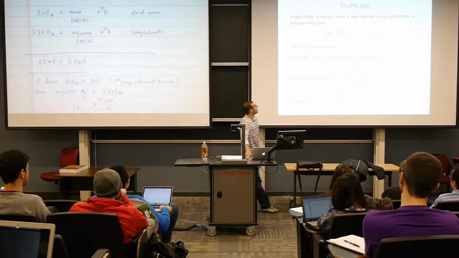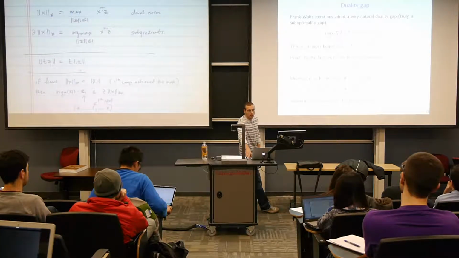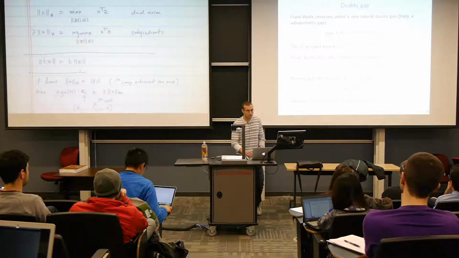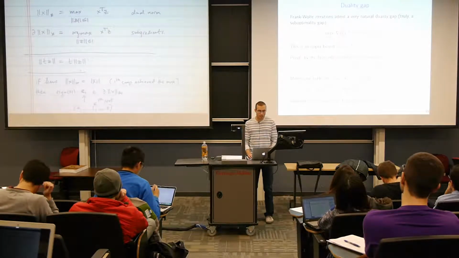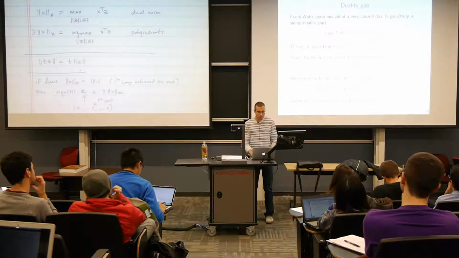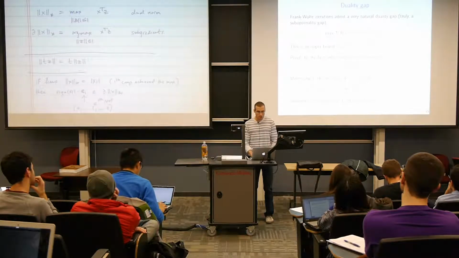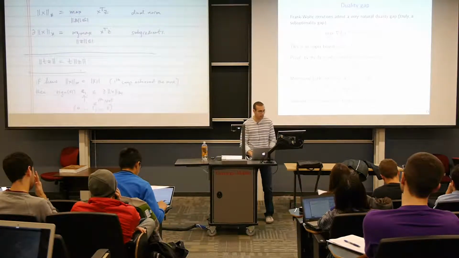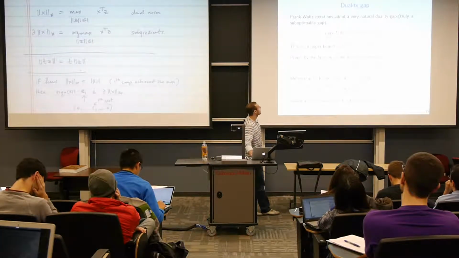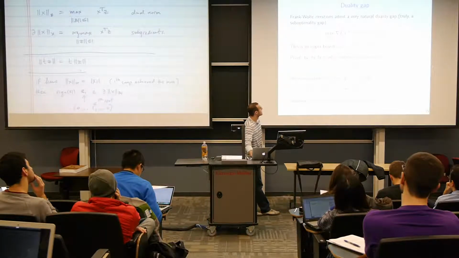So Frank-Wolfe iterations admit a very natural duality gap. And in truth, it's really just a suboptimality gap. It's a gap that's a bound for f minus f star. And that's the following: just the max over all points s in my constraint set C of grad f transpose (x minus s).